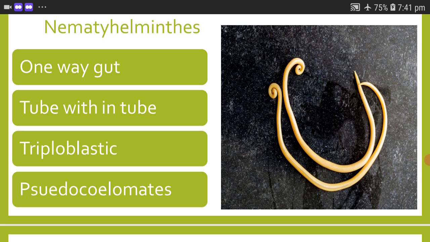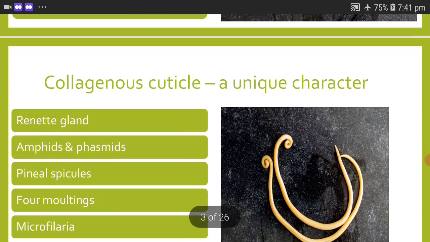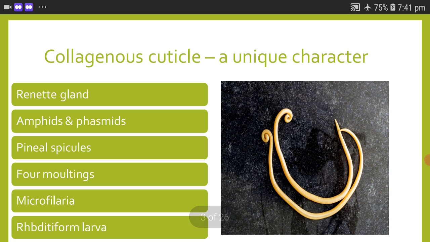And if you observe the body of nematodes, the male is slightly shorter when compared to the female. The posterior end of the male is coiled, whereas the posterior end of the female is straight. That means by seeing the external characters, the sexes can be easily identified. This is called sexual dimorphism.